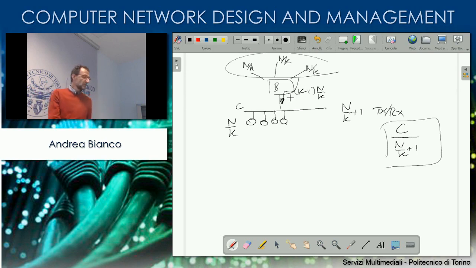Here you don't know, because if the traffic which is going in this bridge is very large, you have a potential congestion, as some of you said, right? You have 3 links, which may generate at speed C, and only one output link, because everything has to go here. So if for some reason the amount of traffic coming from these 3 links exceeds the output link capacity, we really have congestion here.